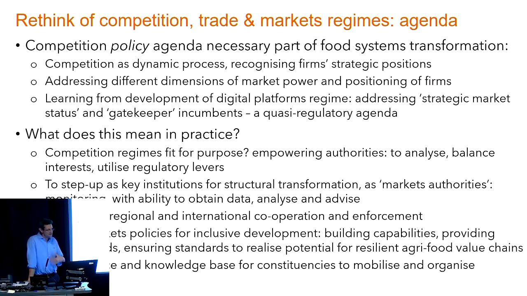We need to think about it as a dynamic process of how firms evolve and protect their positions over time. And this has changed in many of the world's competition authorities because of digital platforms. So the rules for how competition authorities work are being rewritten at the moment, and they're being rewritten because of Google and Facebook and Amazon, etc.